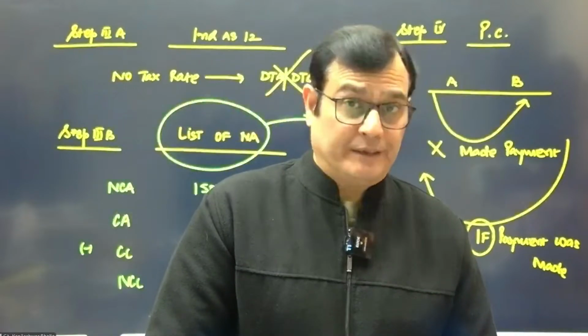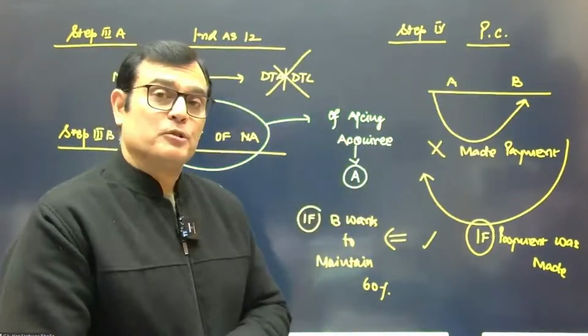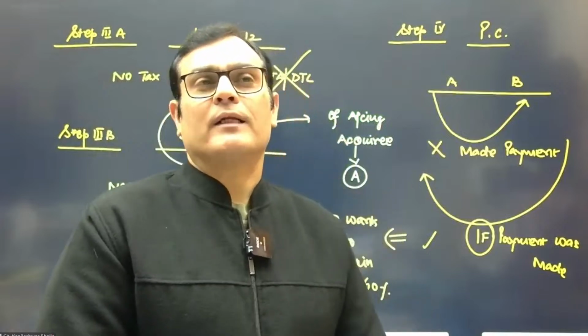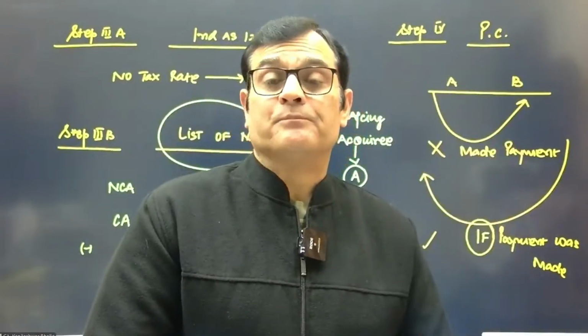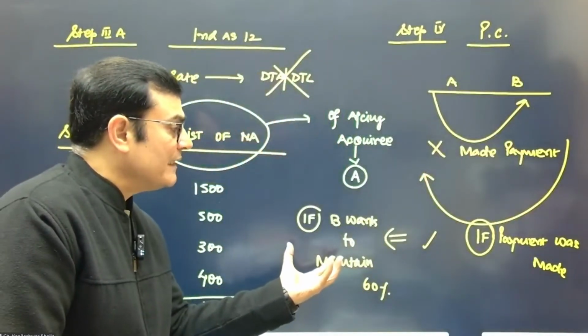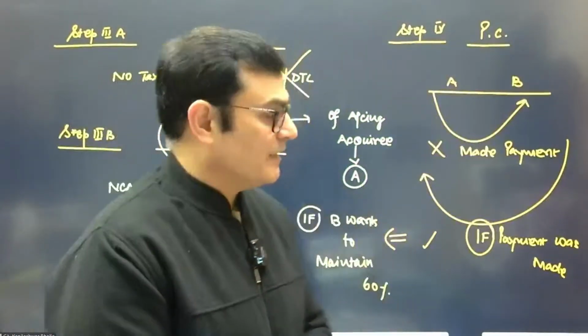Mind the words carefully. So I don't need to see what A paid to B, but if the accounting acquirer B would have paid a consideration, how much would he have paid? And for this purpose, you will consider if B wants to maintain a 60% stake, what would have been the situation? Let's do the calculations now.